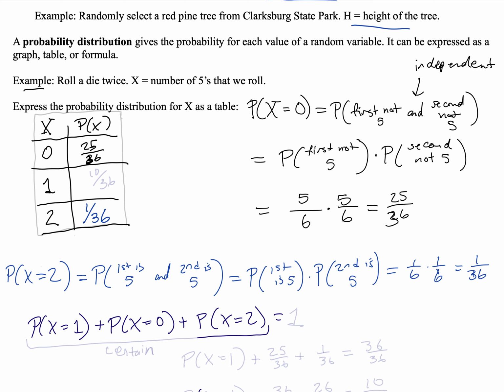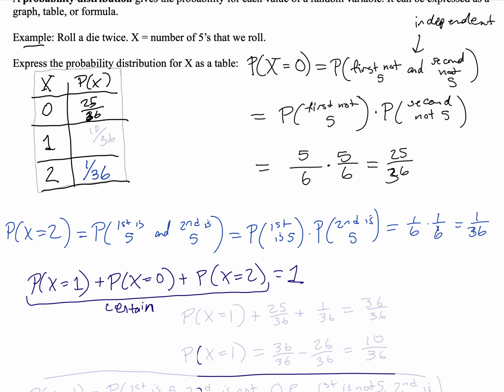So if we add up all the probabilities, we know this must be equal to 1 because one of these things must happen. This is certain to occur, and these are also mutually exclusive events. There can't simultaneously be no 5s and exactly 1 5. So this is certain to occur. These are mutually exclusive events, so the sum of their probabilities is going to be equal to 1.